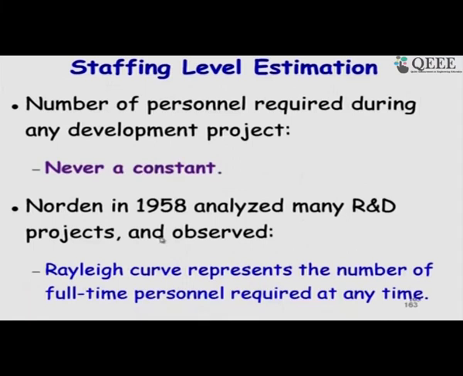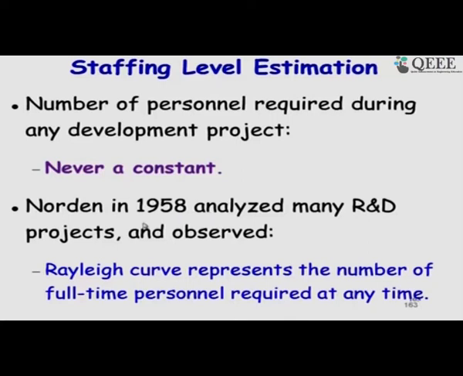from Norden's very old result in 1958, 60 years back. He was analyzing R&D projects, and he said an R&D project is unlike a construction project or, let us say, the counters in a shop and so on.